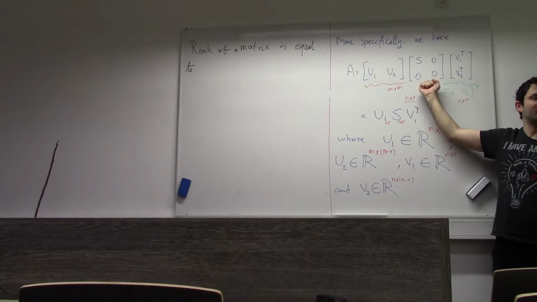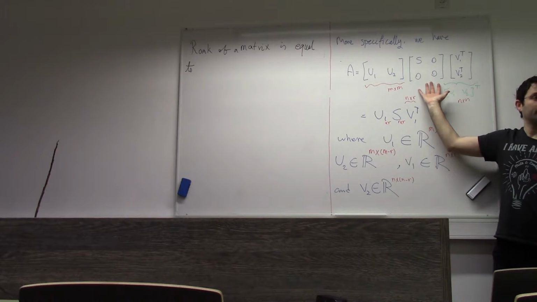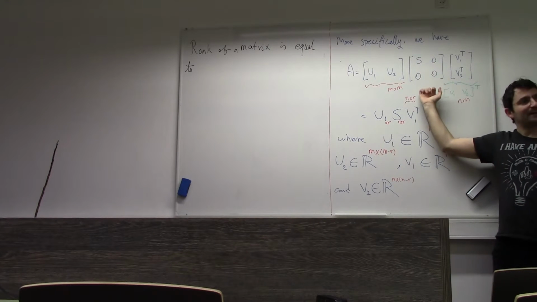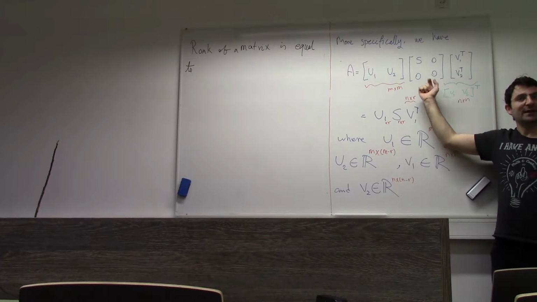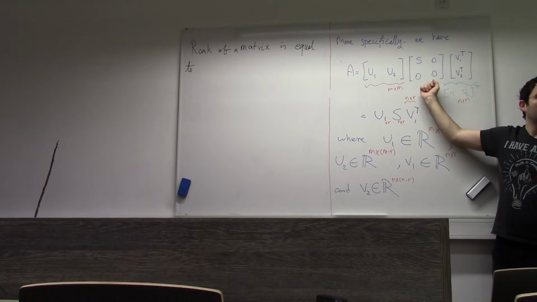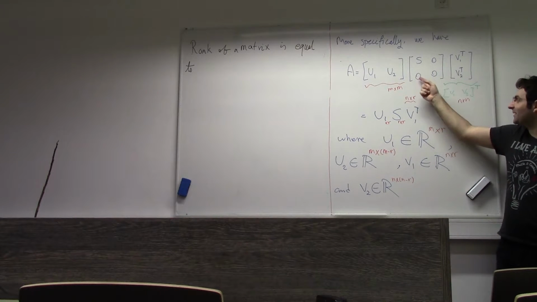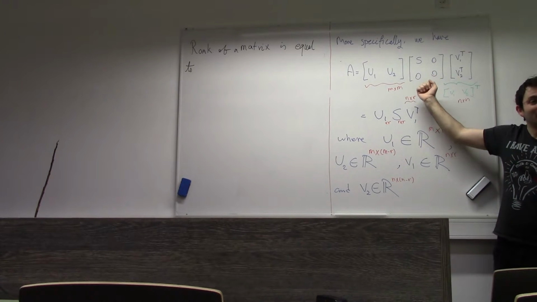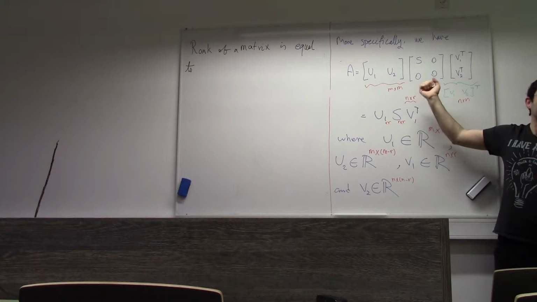How many positions do I have inside sigma? Four positions. If I cannot put it in S, where else can I put it? In the zeros. So in order for singular values to be put in the zero part, they have to be zero.